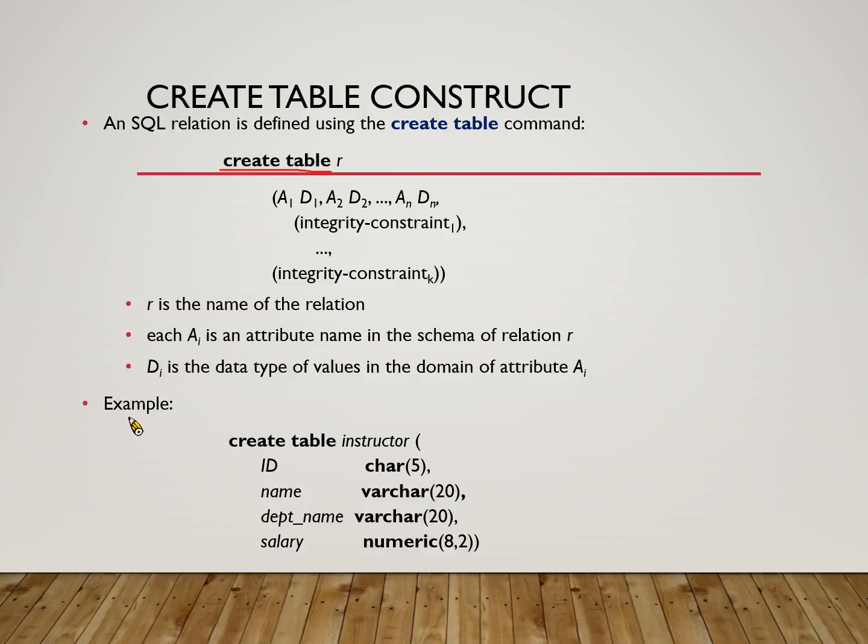Let's take a look at this example of creating the instructor table. Here we write create table instructor, followed by the attribute names: ID with domain char 5, name as varchar 20, department name as varchar 20, and salary with a numeric data type.